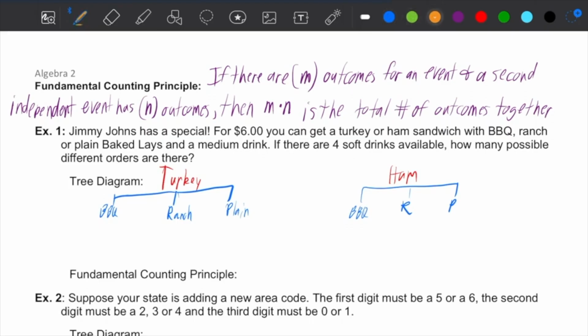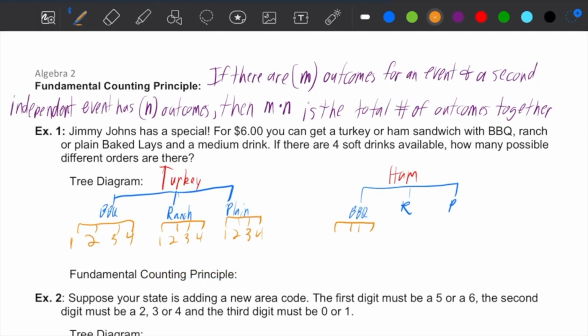So then if you have turkey and you choose barbecue chips, you still have those 4 different options of soft drinks. And same thing's true with ranch. You still have those 4 different options. And same thing with plain baked Lay's. You still have those 4 different options. So if you have a turkey sandwich, you have a total of 12 different ways you could go from there.